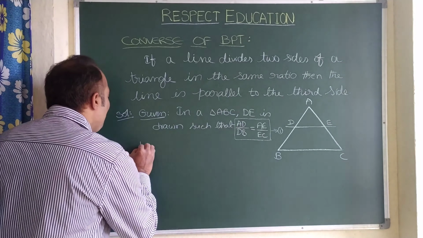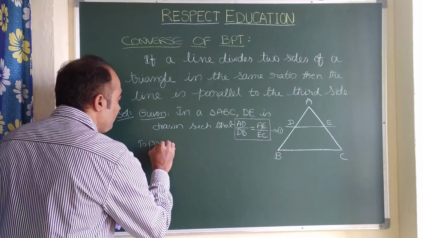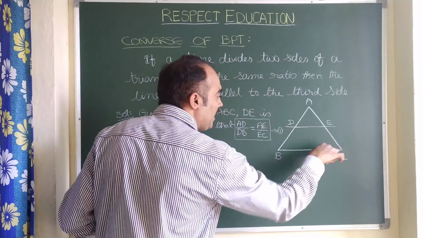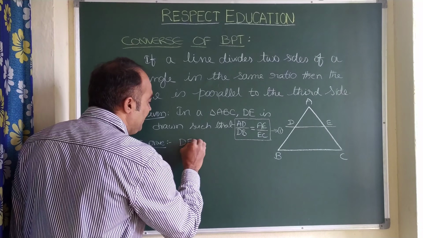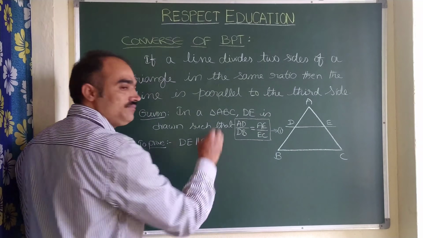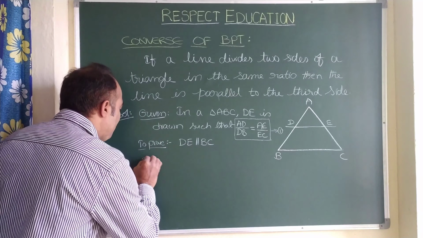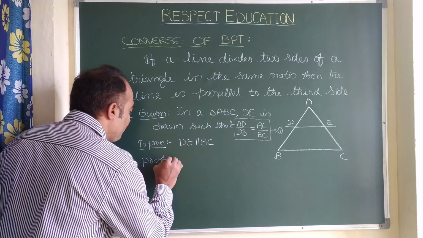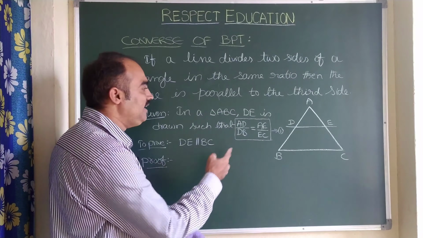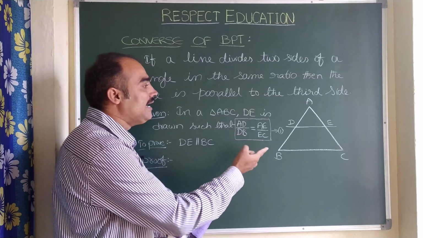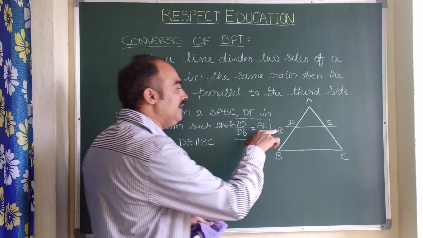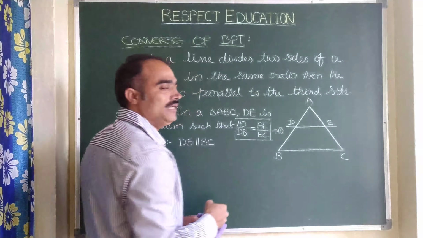Now what to prove here? To prove DE is parallel to BC. This is the symbol for parallel. Now let us see the proof. Here we take another assumption, another supposition, that DE is not parallel to BC.